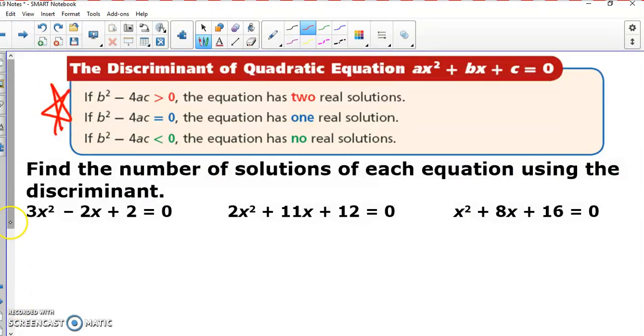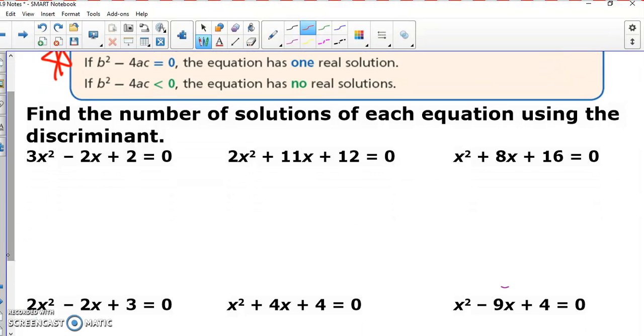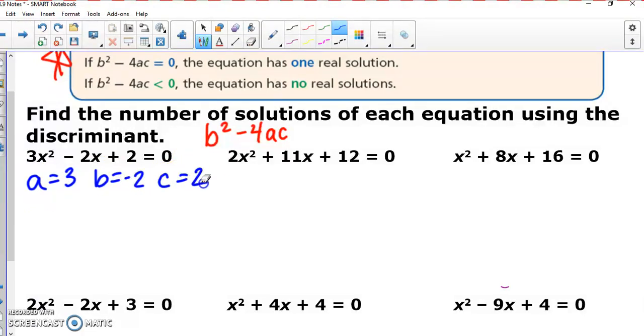Okay, so this little chart just kind of breaks it down for you a little bit more clearly. So on these ones, we're going to just focus on using the discriminant to find our number of solutions. So I'm going to use b squared minus 4ac, and then I'm going to just evaluate just that part. So again, I'm going to make sure my equation is set equal to 0 first. I'm going to identify my A, B, and C values.